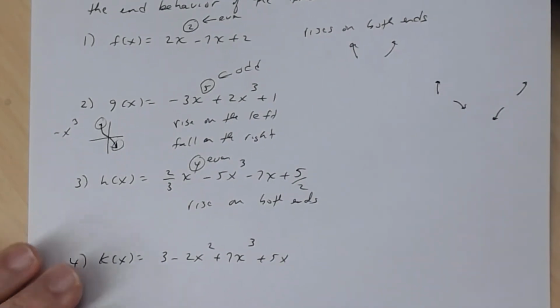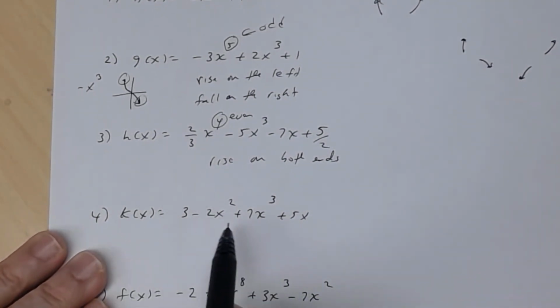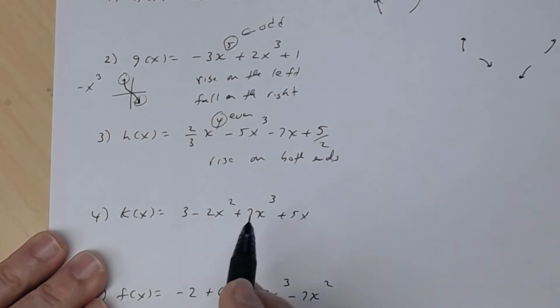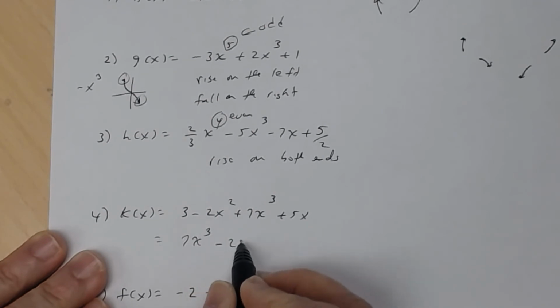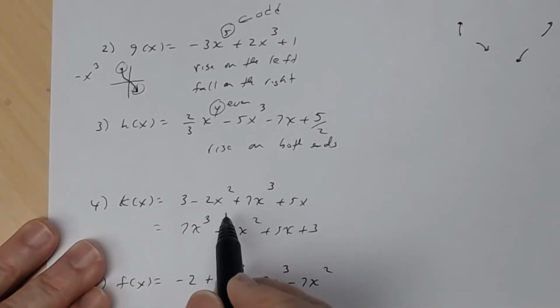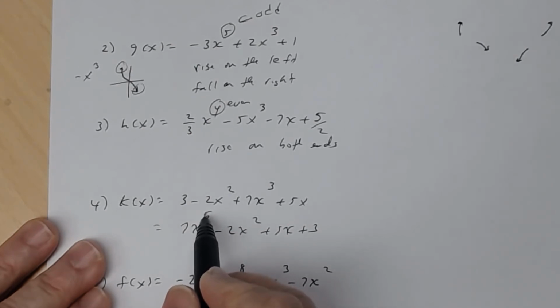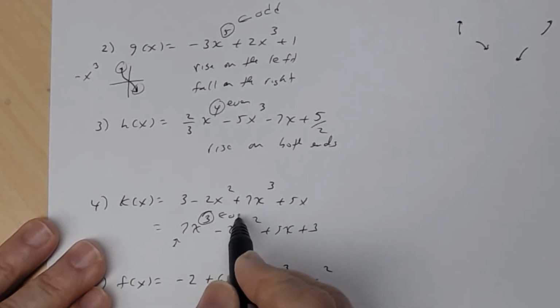The next one, number 4. Is the polynomial function in descending order? No. So let's put it in descending order. We're going to have 7x cubed minus 2x squared plus 5x plus 3. Now look at the leading coefficient and the exponent. The degree of this polynomial is 3, so that's odd.